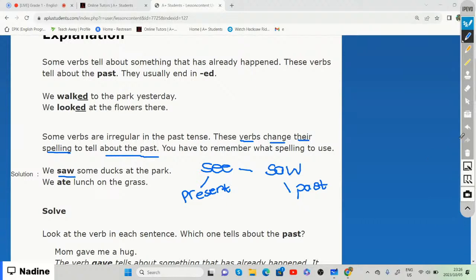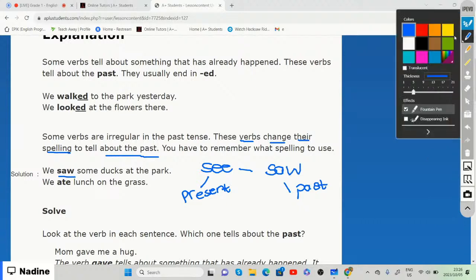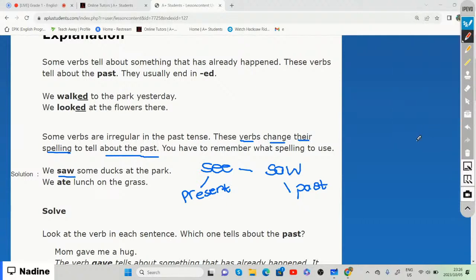And then we have another one, which is we ate lunch on the grass. Ate. And the present tense of ate is eat, something that you're doing now. I eat lunch on the grass. But the past tense form, something that you did in the past, you did it already, you ate.